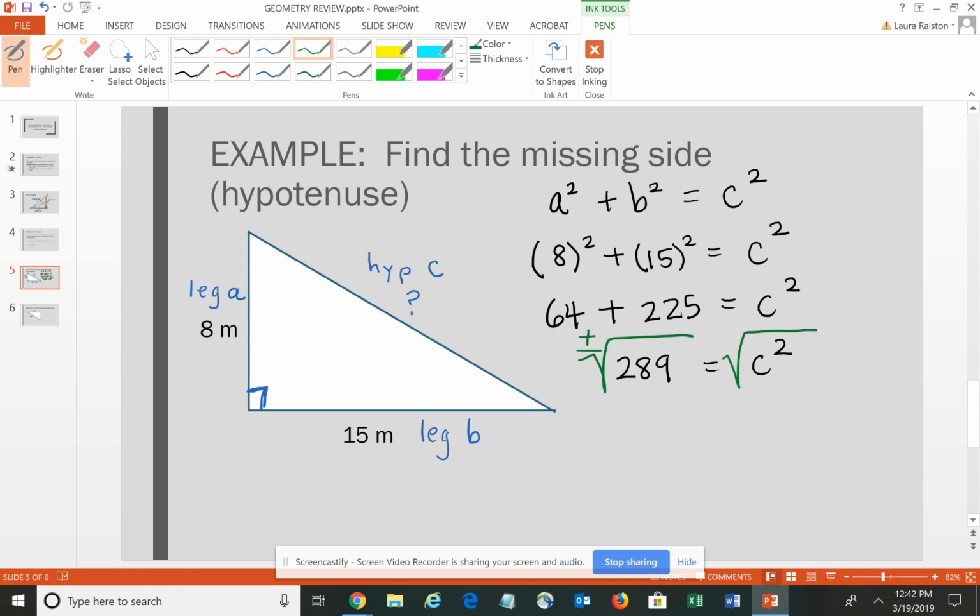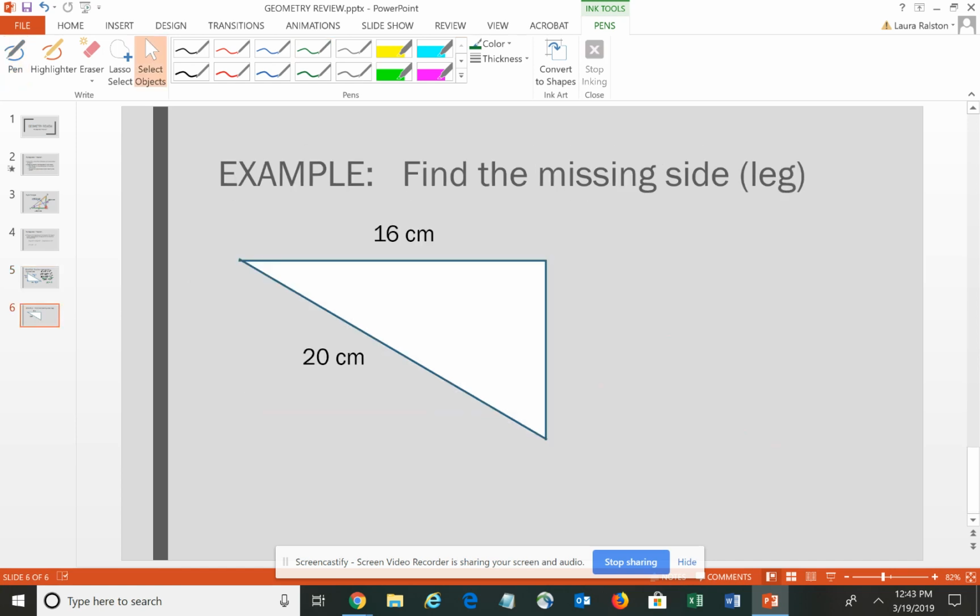And the square root of 289, and you may have to get your calculator out, is 17. So in this case, C, which is our hypotenuse, has a length of 17. It's just a straight plug and chug doing basic algebra.